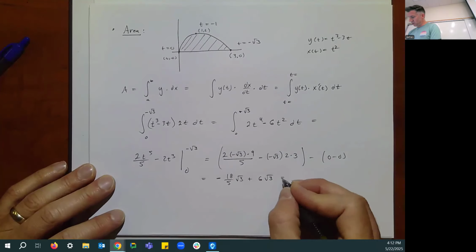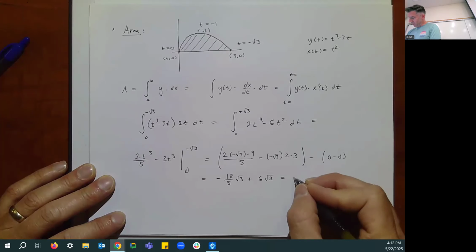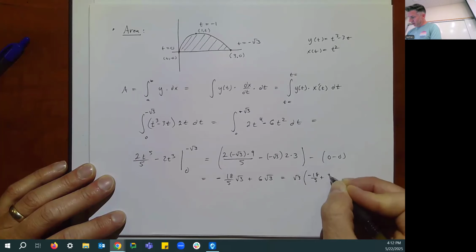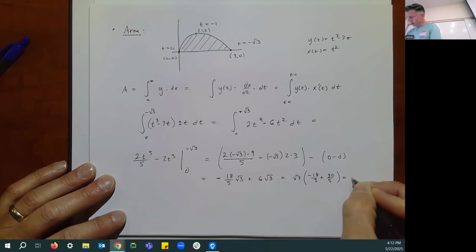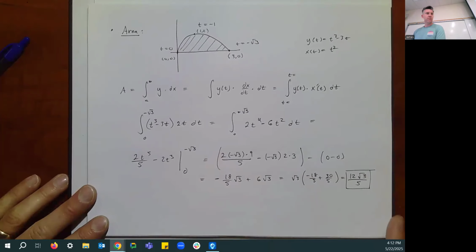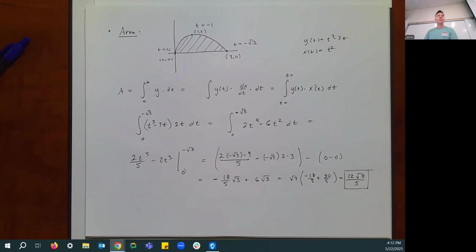So this is equal to root 3 times negative 18 over 5 plus 6, which is 30 over 5. So I end up getting 12 root 3 over 5. What a beautiful number. I kid. But it works. This actually gives us the area under the curve. So when you're trying to find the area under a parameterized curve, you do have to integrate.